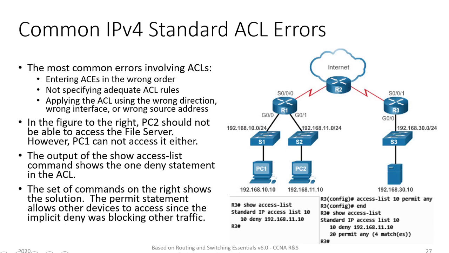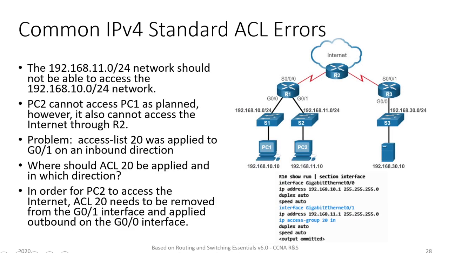So we would have to have a permit statement that specifies, like, permit any traffic there, or at least some traffic is permitted there. If we only have deny statements, then it will be considered an implicit block, blocking any other traffic that is not matching any of the rules. So that is one of the problems that we may have when we are configuring this ACL.